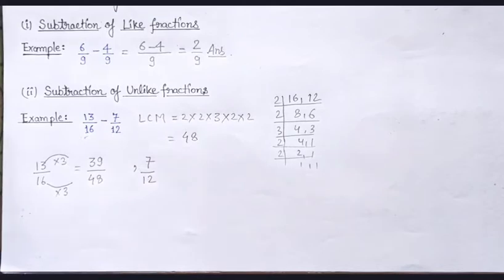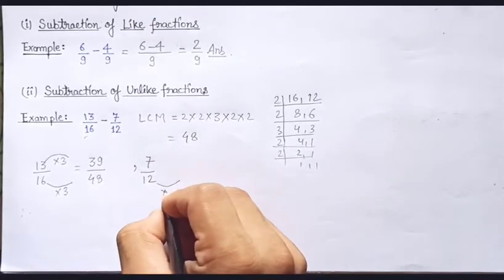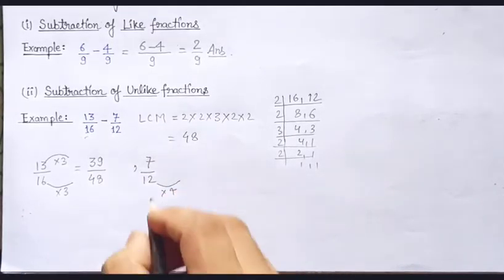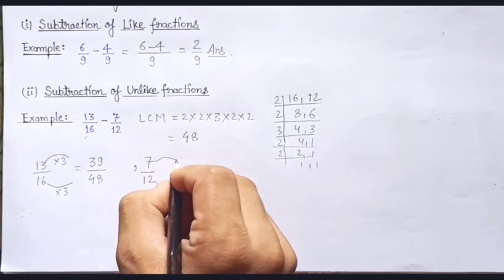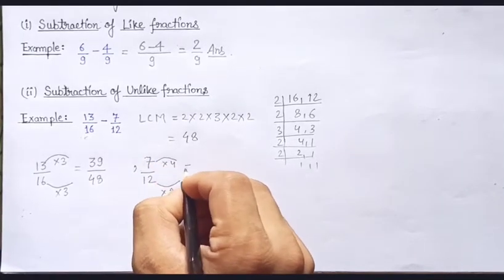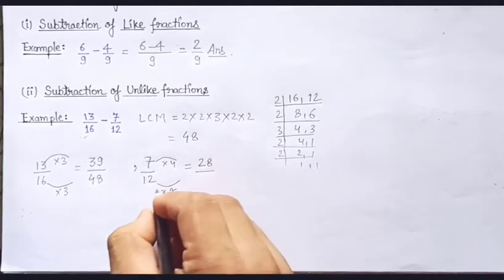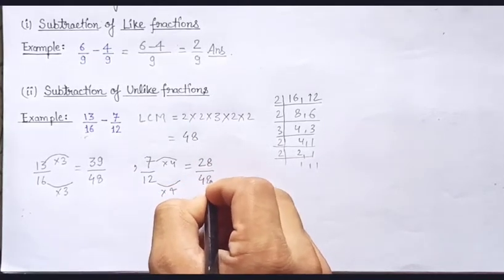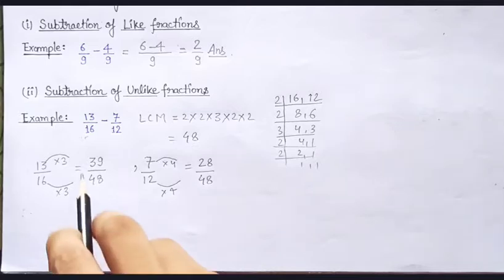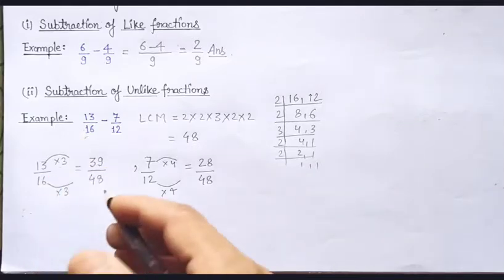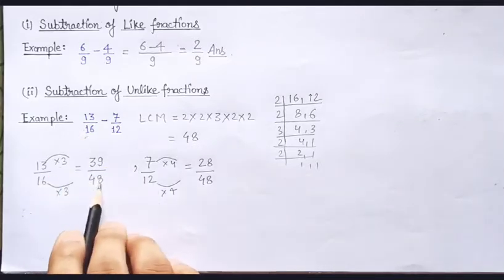Again you can see when 12 is multiplied by 4, it gives the result of 48. So we also multiply the numerator by the same number 4. So we have the result 7 into 4, 28 divided by 12 into 4, 48. So you can see that the given two fractions are converted into like fractions because their denominators are the same, that is 48.